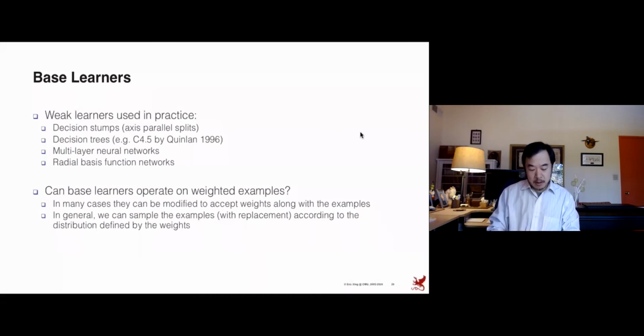So you have a choice of base learner, and just now I chose a decision stump. You can actually have other base learners, maybe not arbitrary, but from a wide collection: multi-layer neural networks, a decision tree, the radial basis function, and so forth.